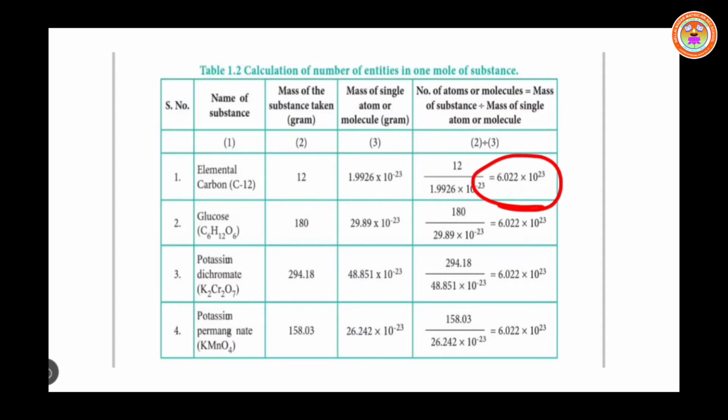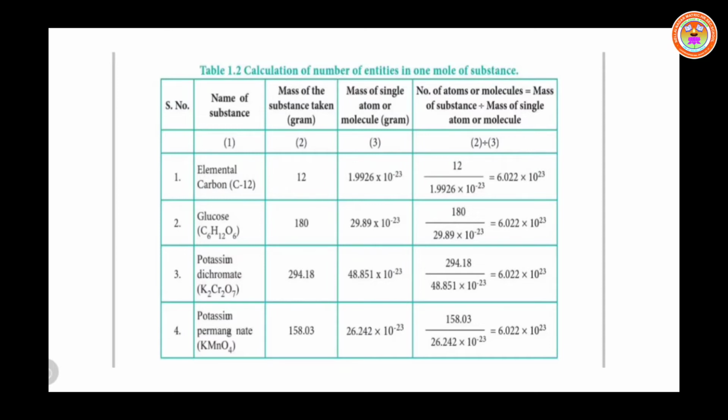Now we can see the definition of mole. Mole or 1 mole is the amount of substance which contains as many elementary particles as there are atoms in 12 gram of carbon 12 isotope.